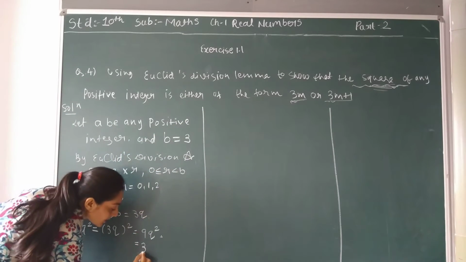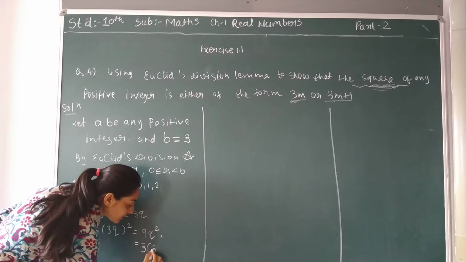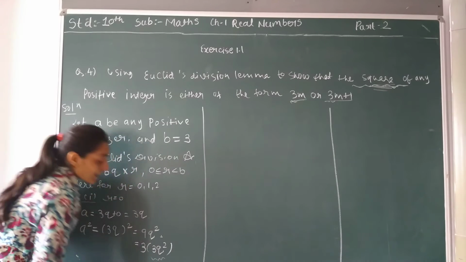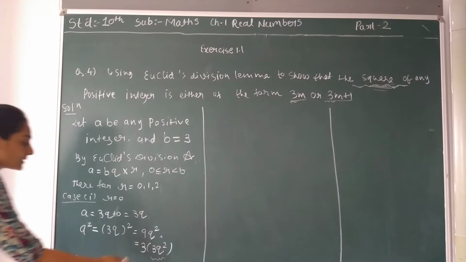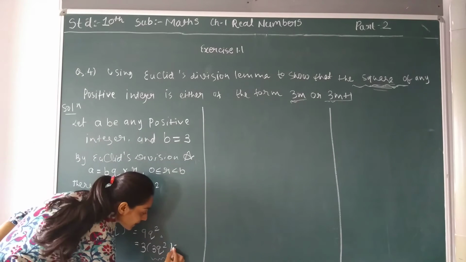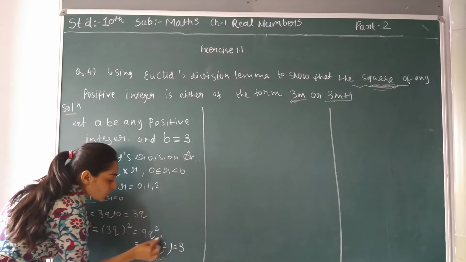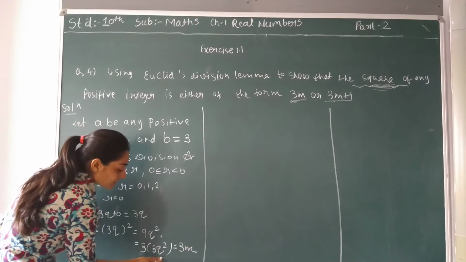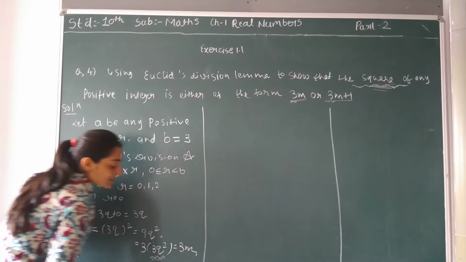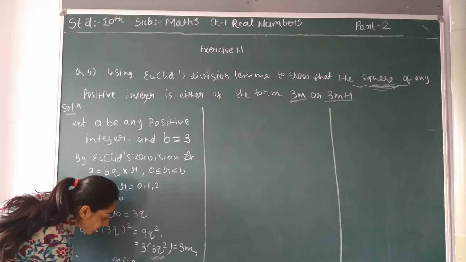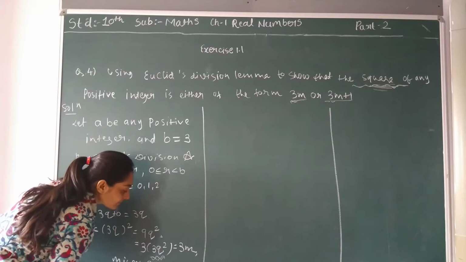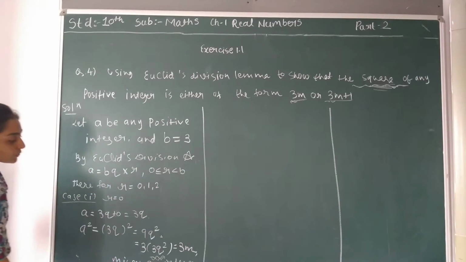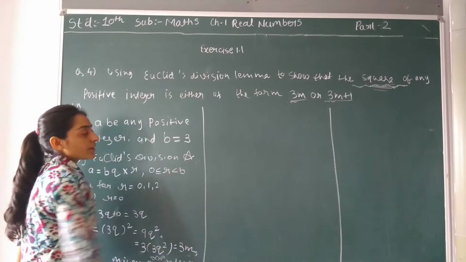If I take 3 common, what is left is 3q squared. I am taking this as m, where m is any integer. So I am getting the form 3m.